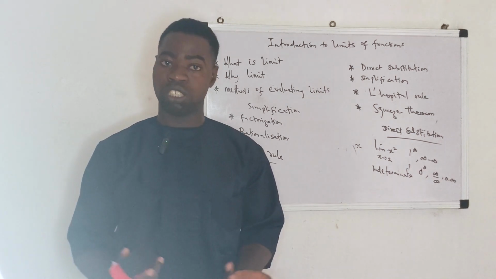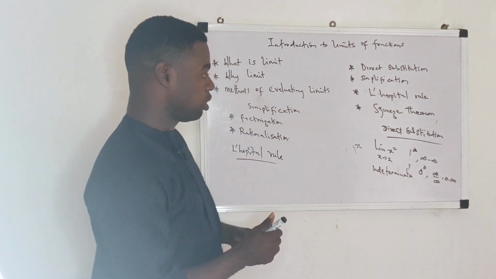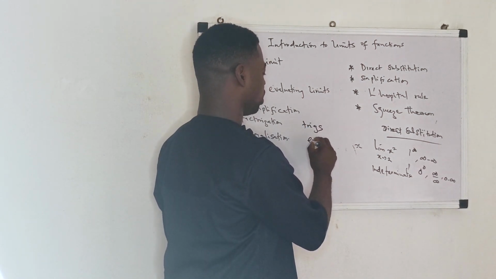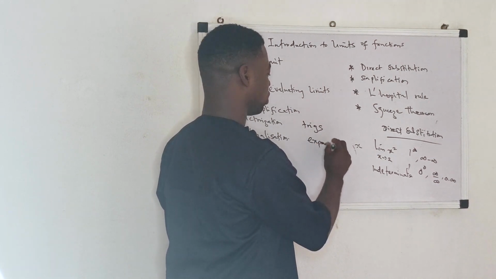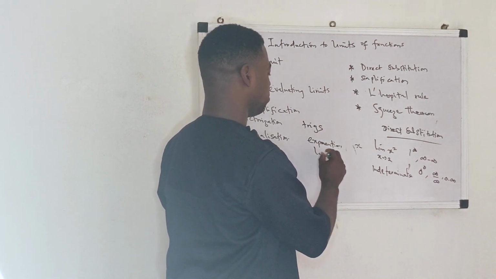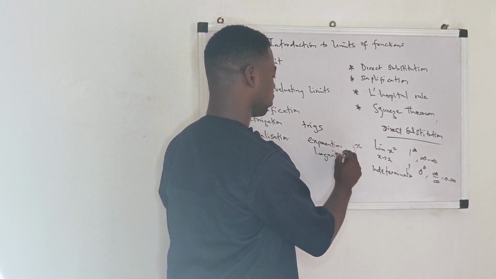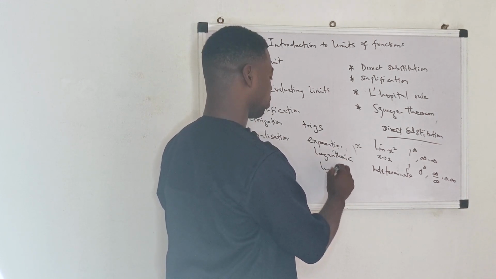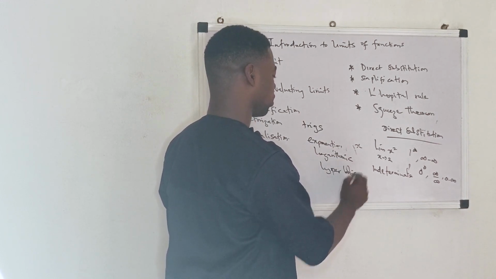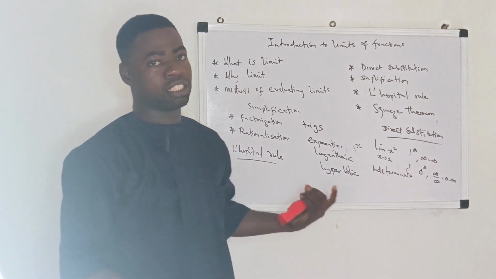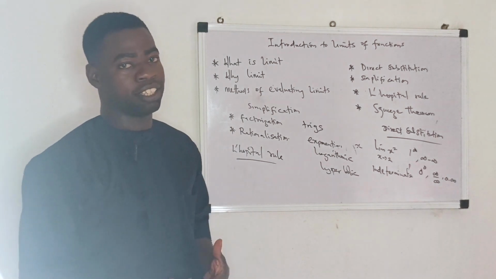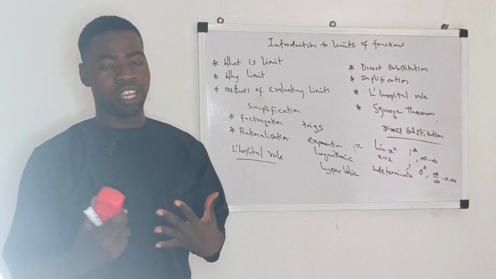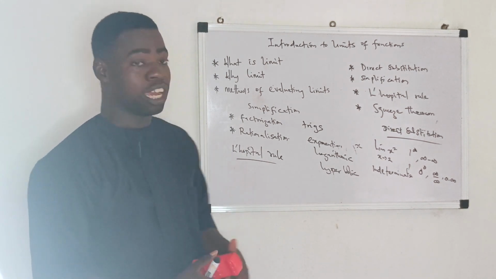For example, there are functions you cannot simplify, like the special functions: your trigs, your exponentials, your logarithmic, your hyperbolic functions. These are functions that you may not be able to simplify. So when you encounter functions of this nature, you are expected to use the L'Hopital rule.